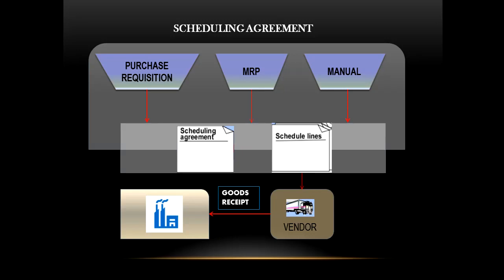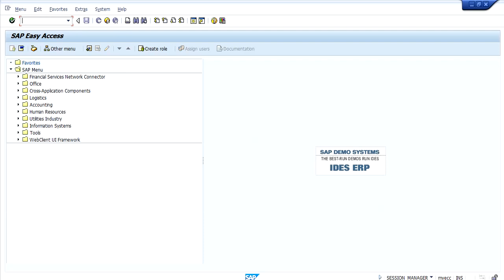Let us see how this can be mapped in SAP. So let us go ahead and create different ways of creating and processing scheduling agreements. So firstly we will do the manual scenario, which means manually creating a scheduling agreement and processing it.